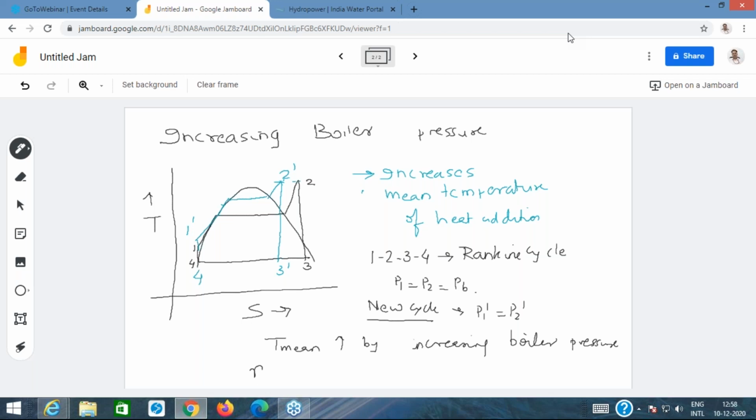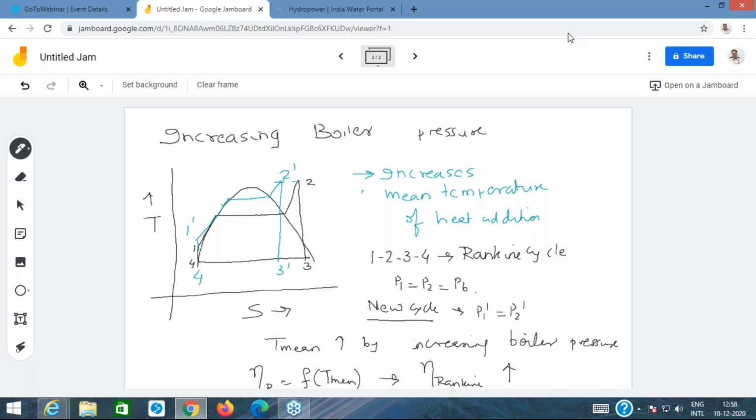And because the efficiency of the Rankine cycle is a function of mean temperature of heat addition, if you are increasing the boiler pressure, the Rankine cycle efficiency would increase. That is the reason why if you look at the market, you will always find that power plants have a higher boiler pressure.